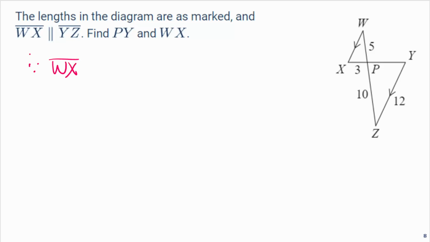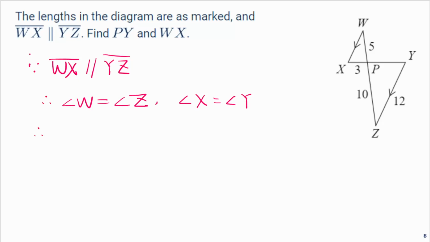Because we have WX parallel to YZ, we have angle W equals angle Z and angle X equals angle Y. Therefore, triangle WPX is similar to triangle ZPY.